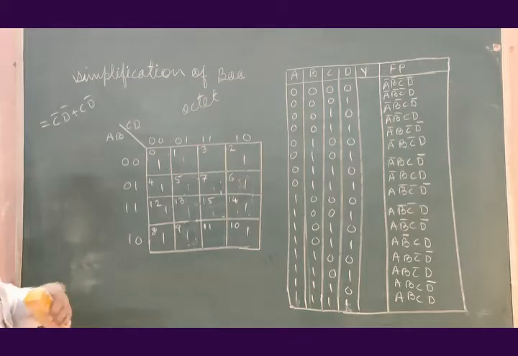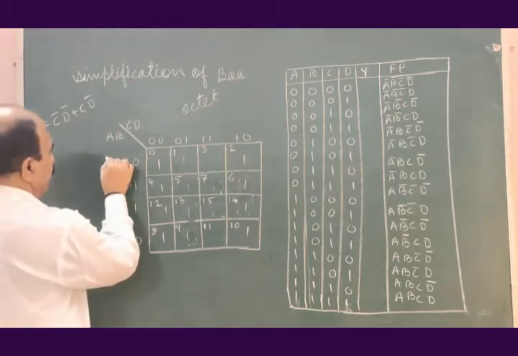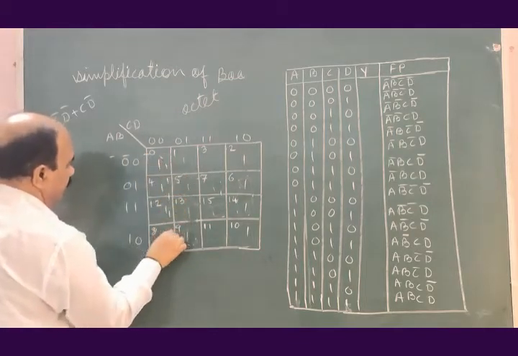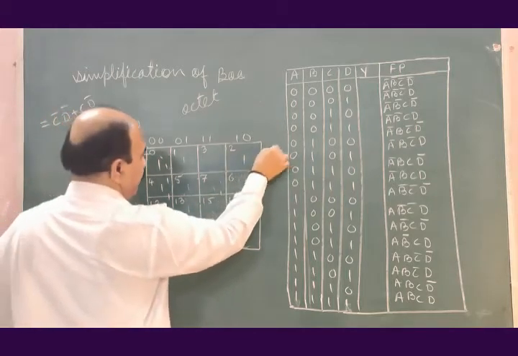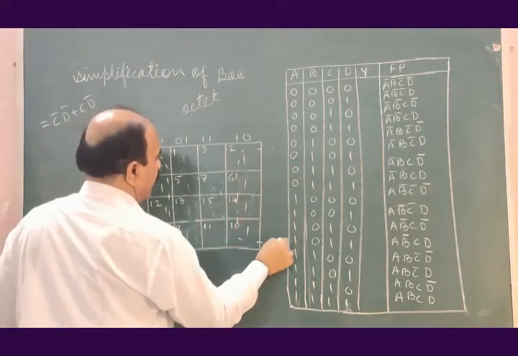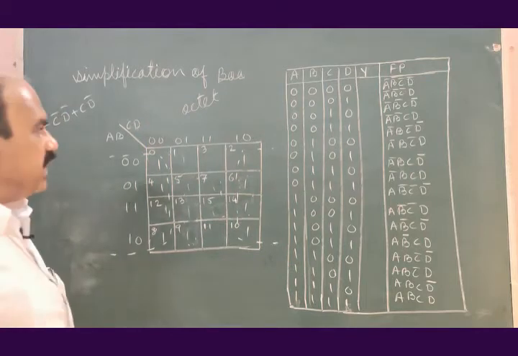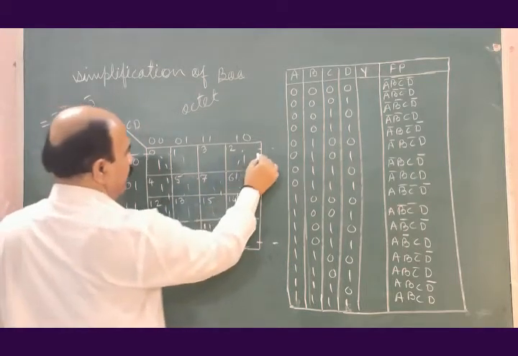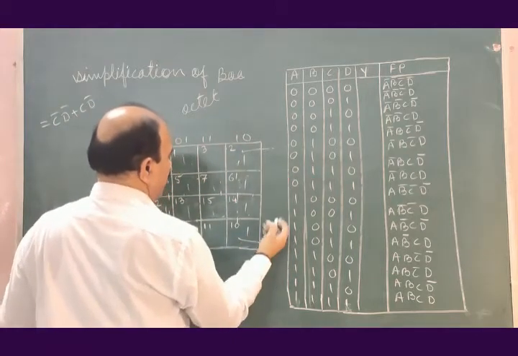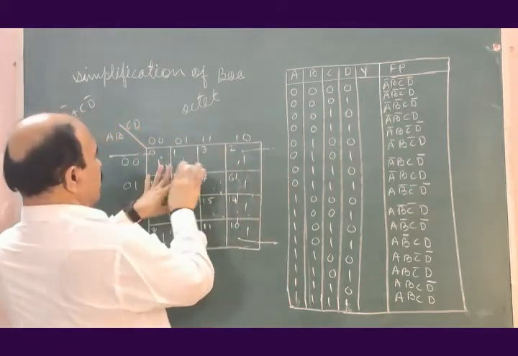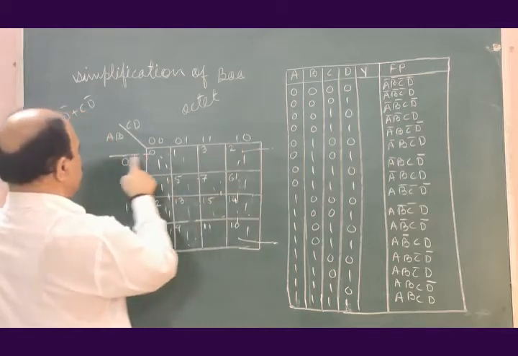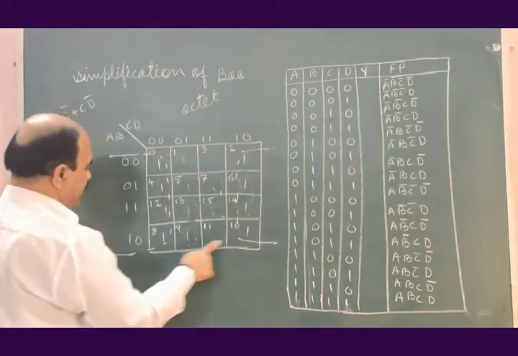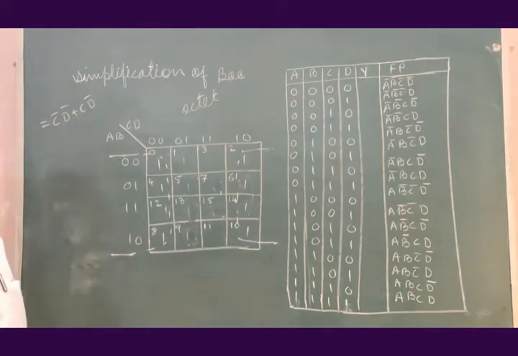Instead of that, I have one idea. Roll the map, roll this map this way, so that this end will meet this end.